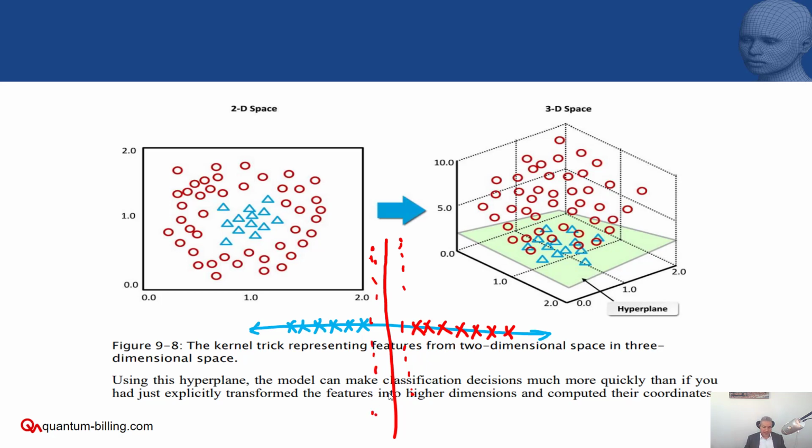Imagine we have the same situation with data on a line, not 2 dimensions, just a line, and the data is like what I'm going to draw right now.